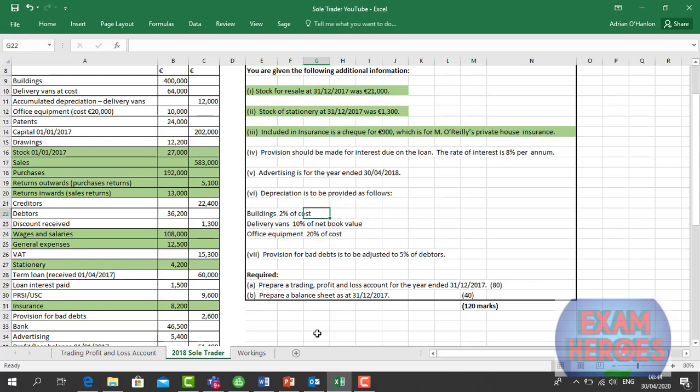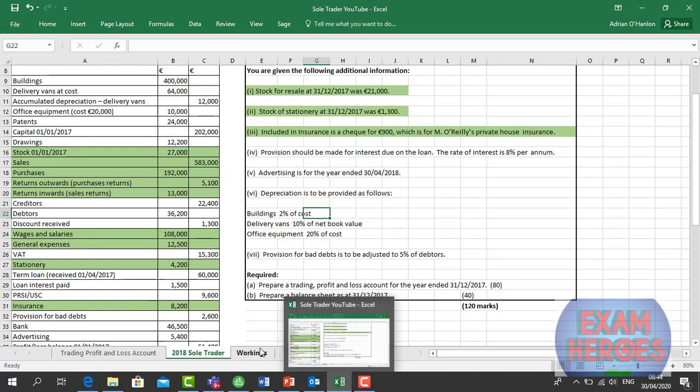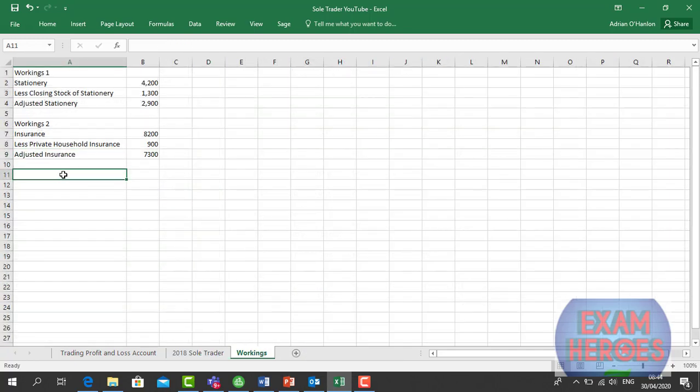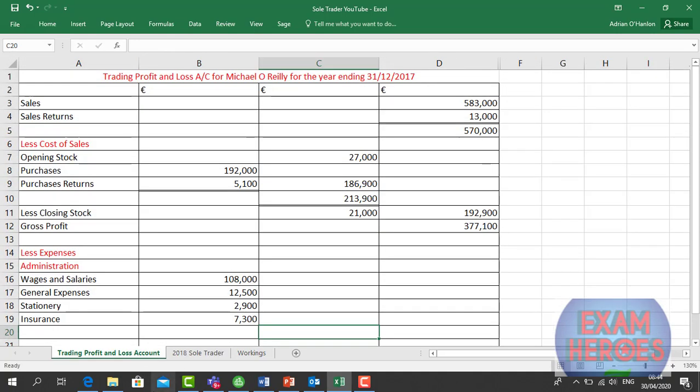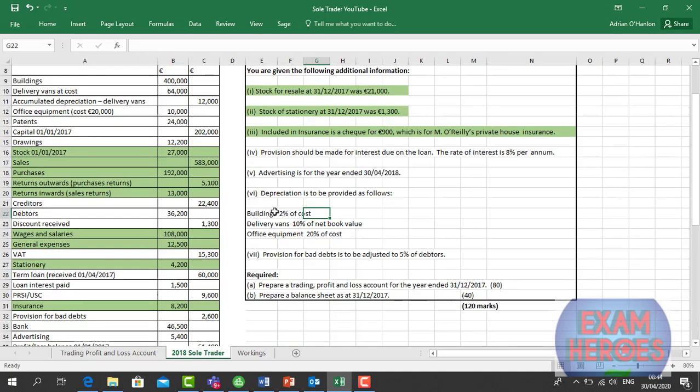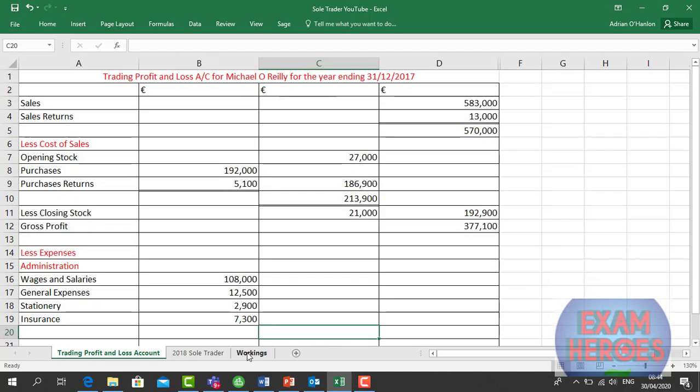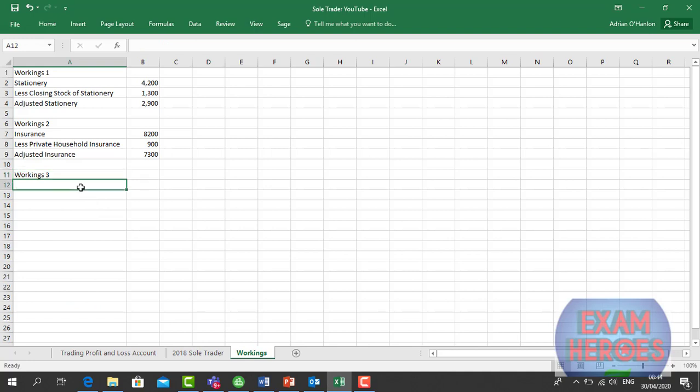Okay, so first thing is I'll just go into my workings and working three. Okay, and we're going to look at buildings. So the first thing, buildings cost 400,000.